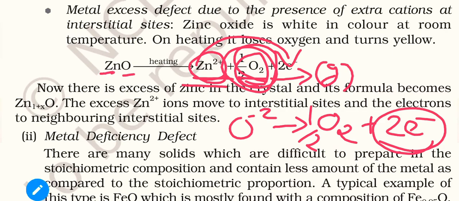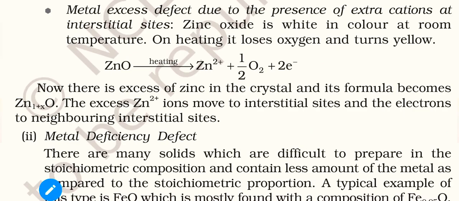Suppose initially we have 100 zinc and 100 oxygen ions. Now two of them are removed. That means 2 oxygen will convert themselves into oxygen gas and be removed. So we have 100 Zn plus 2 and 98 O minus 2 ions. But the charge of Zn plus 2 will be neutralized by electrons released from oxygen, and that's why neutrality will be maintained.